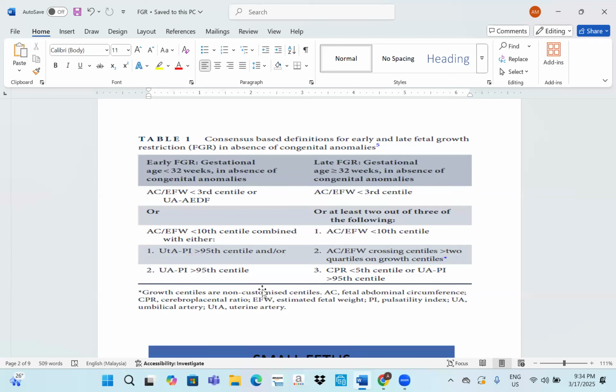With the early onset FGR, the most associated Doppler abnormality is the uterine artery Doppler. For the late onset, what you would be following is the umbilical artery. Okay, clear?